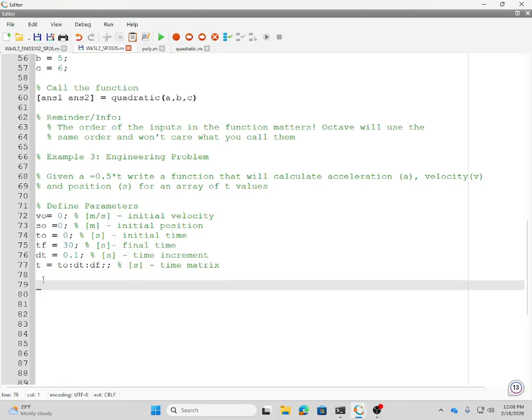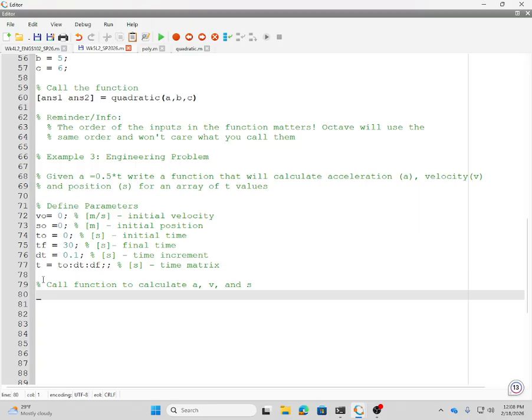And then we're going to obviously call the function, where the function needs to be still defined. So call the function to calculate A, meaning acceleration, V, velocity, and S, the position. Okay. And then anytime you have multiple outputs, which in this case are A, V, and S, right? You can put a comma or you can put a space, really doesn't matter.